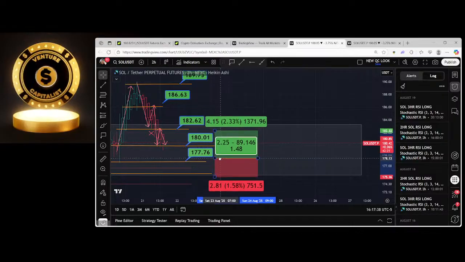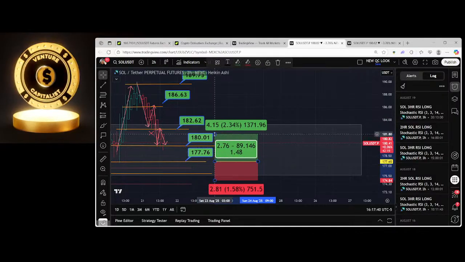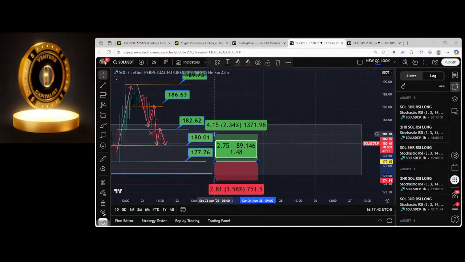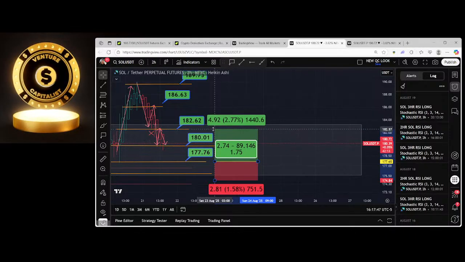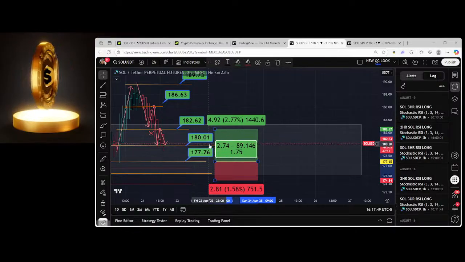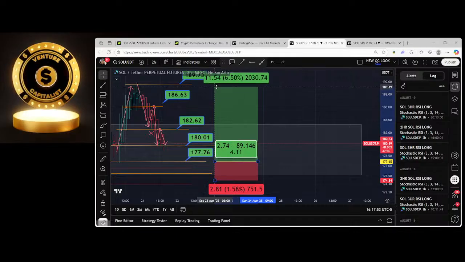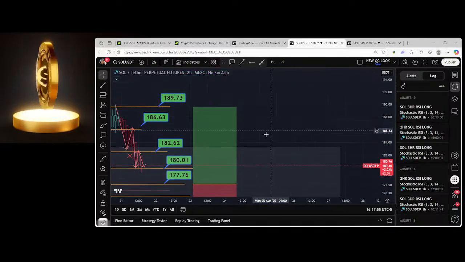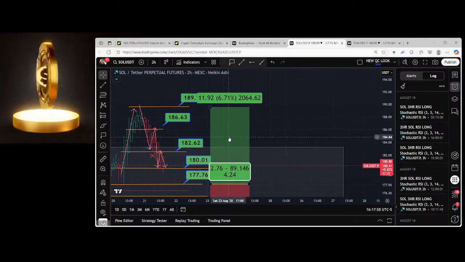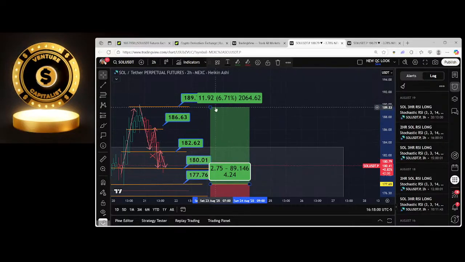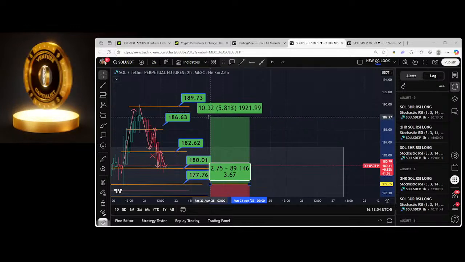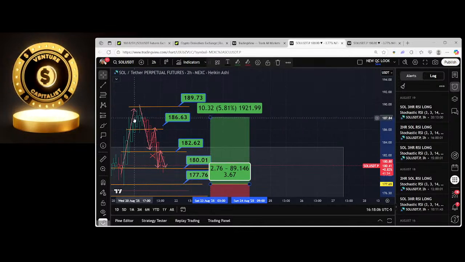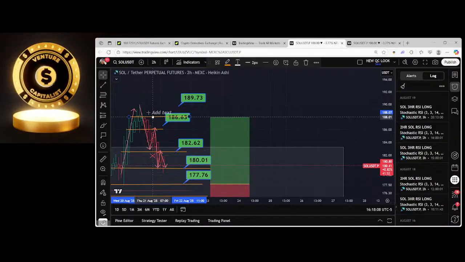Now from this position you would say, okay, if it does go down here and it decides to make its moves, it would push up and retest here, the 182, pull back to the 180, and then push up to this next higher high. So the total move that we're looking for from Solana is around, let's go to the level here where it has support or resistance, this level here.